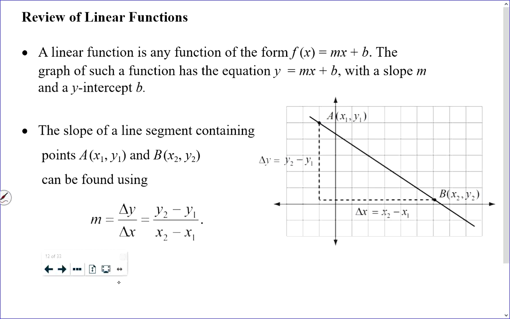If you end up taking this y coordinate minus this y coordinate in the equation for slope, then you had better take this x coordinate minus this x coordinate, right? You have to subtract in the same order. You can't take y2 minus y1 over x1 minus x2.